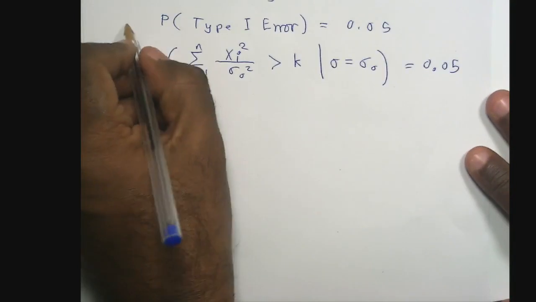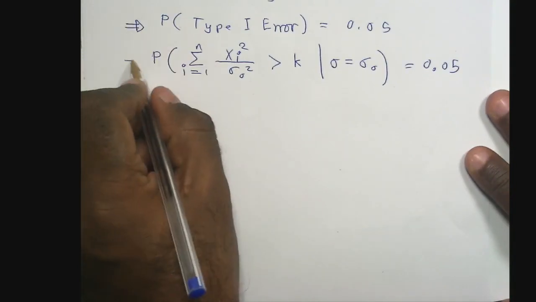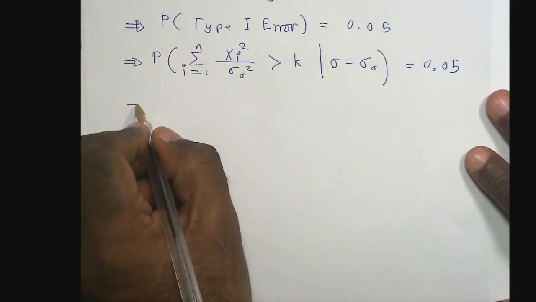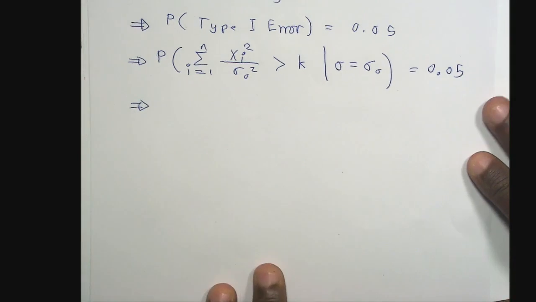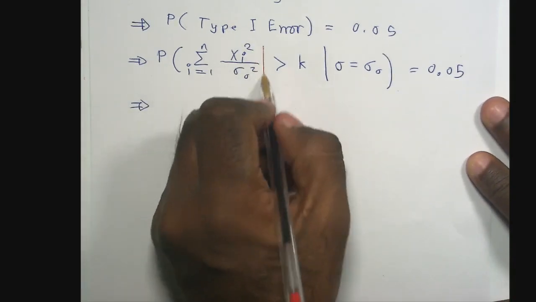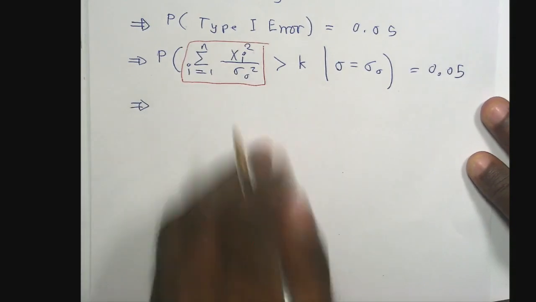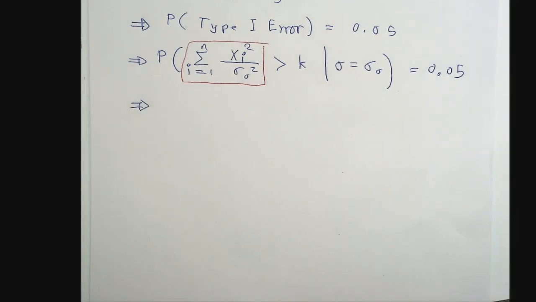Now, I know you guys have been revising. Can you tell me what distribution will this have and why? Given that sigma, the population standard deviation, is equal to sigma 0, what distribution will that have?